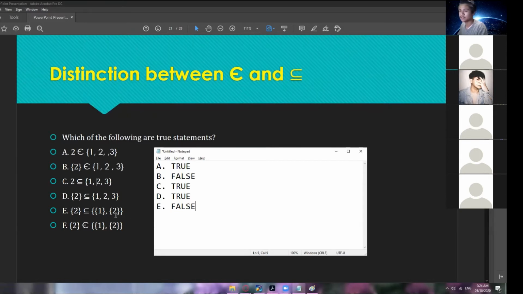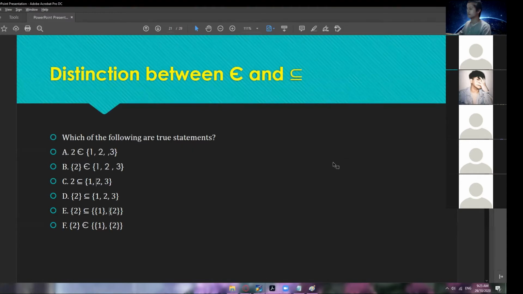So here it should be just the element 2, not a set with an element of 2. How about the last one, letter F? True, sir. Set {2} is an element of the set. So this one is true. When it is an element, it should be exact on the other side, wherein this is a set that contains another set, which is also number 2.